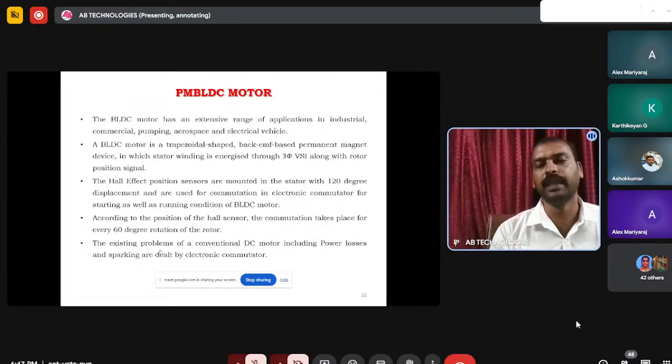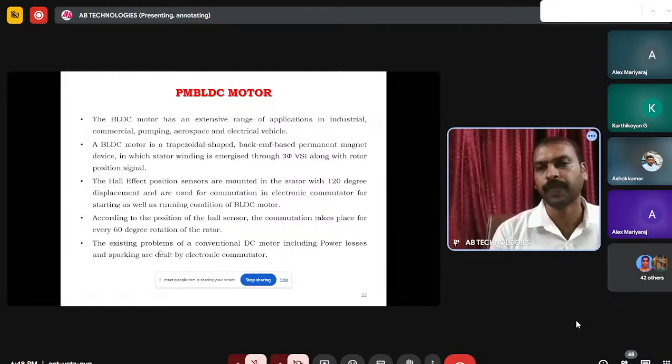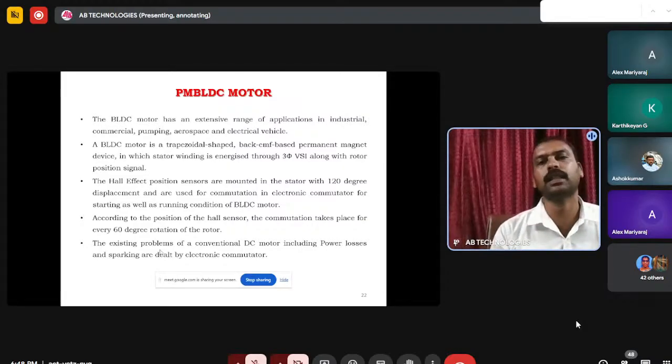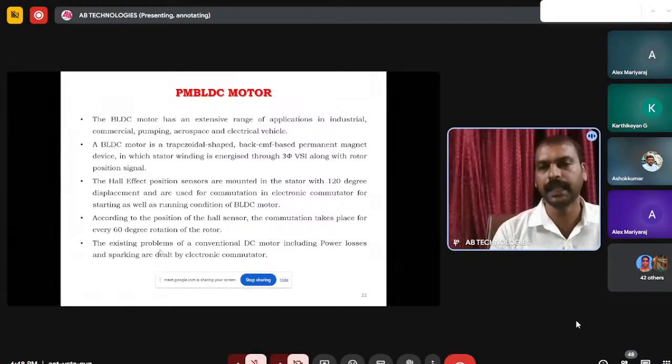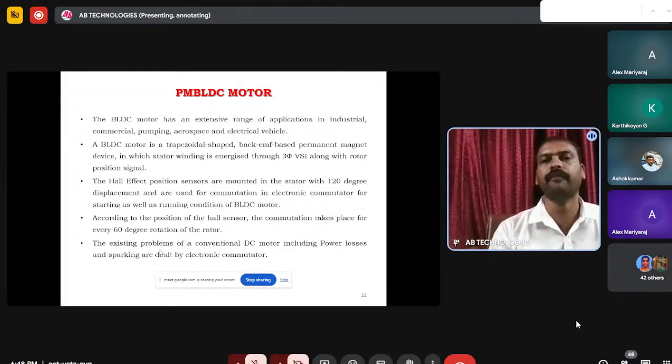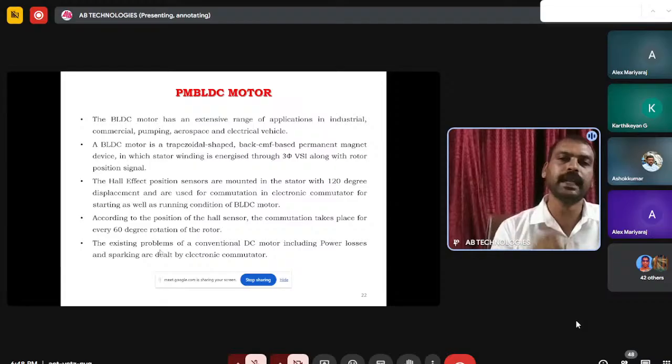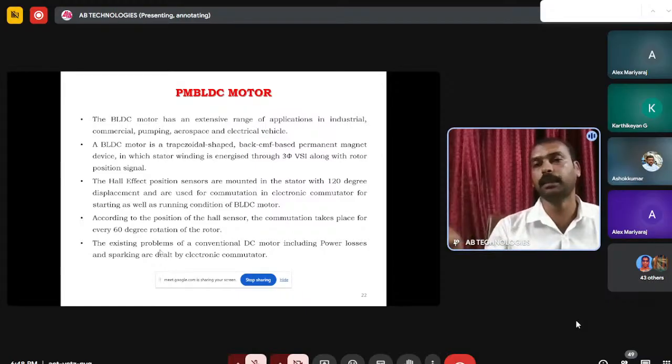Suppose your number of phases is 5 or number of poles is 8. What is the synchronous speed? Our students can't give the answer. The formula for synchronous speed uses the total number of degrees: 360 degrees divided by the number of phases. So 360 degrees divided by a 3 phase machine comes to 120. Then for every 120 degrees it is AC supply, correct?